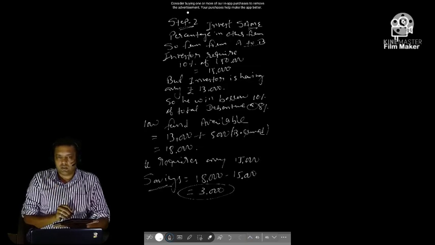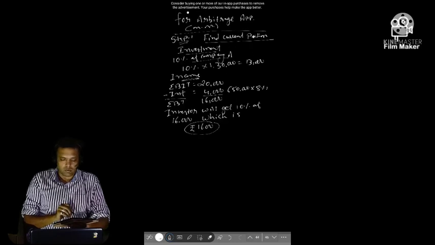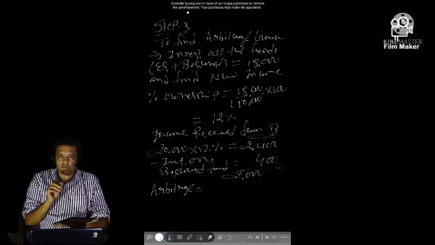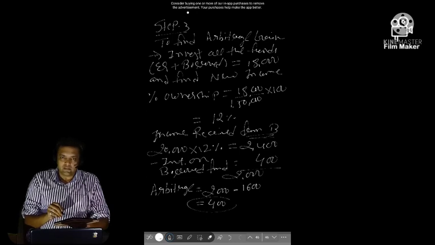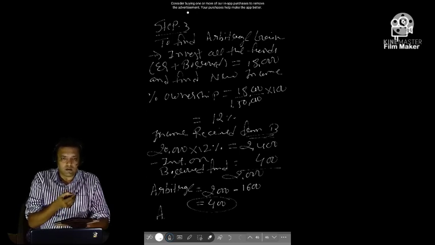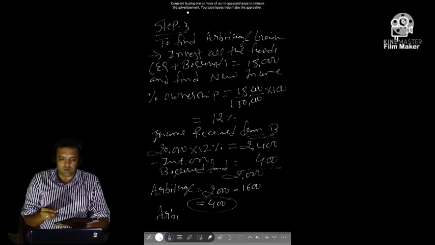But can I bring all this 2,400 to my home? The answer is no. I have to repay the interest on what I have borrowed. I have borrowed 5,000 rupees at 8% rate of interest, and the interest comes to 400. So this 400 is the liability which I have to pay to whom I have borrowed the loan from.